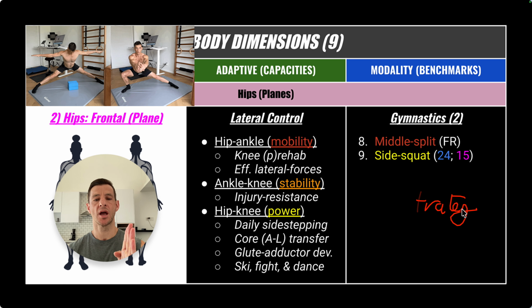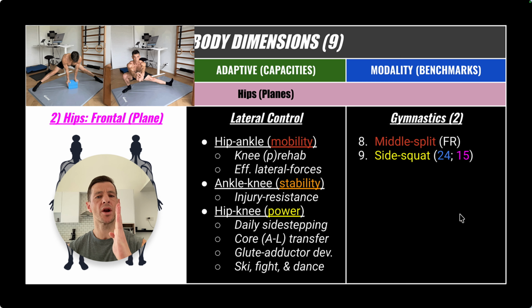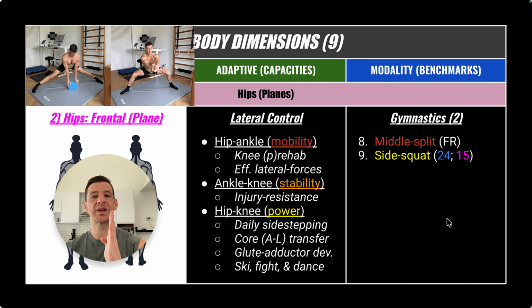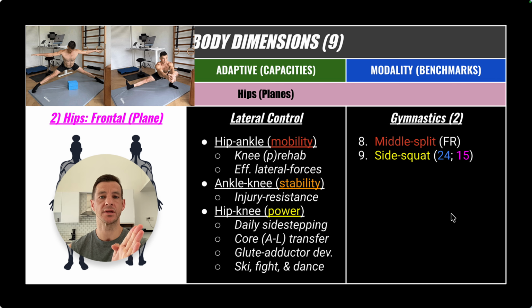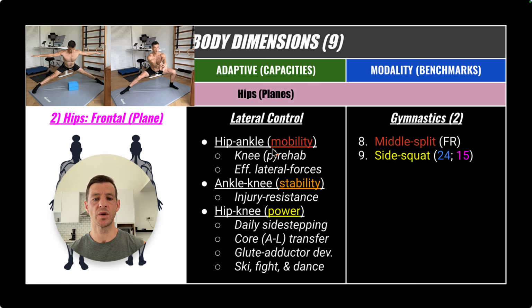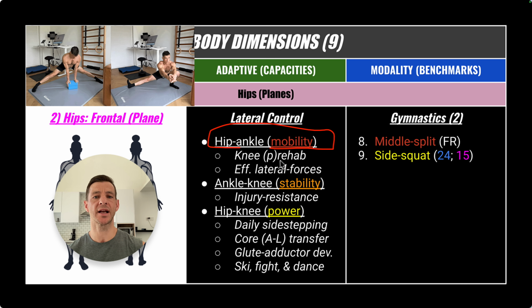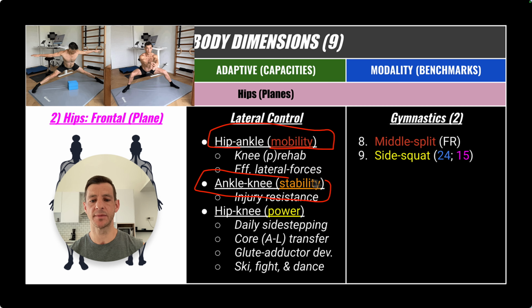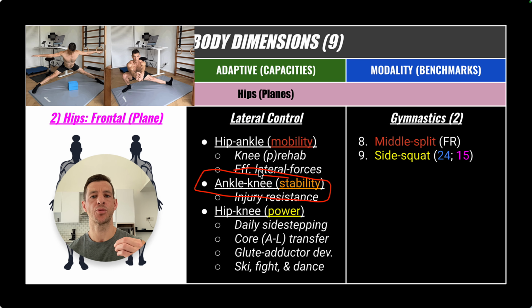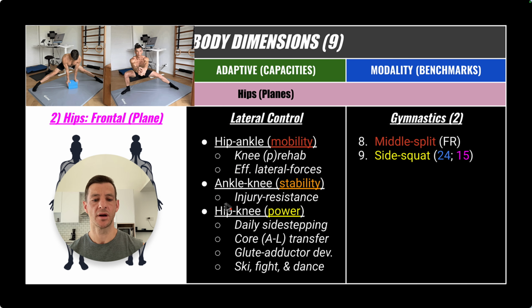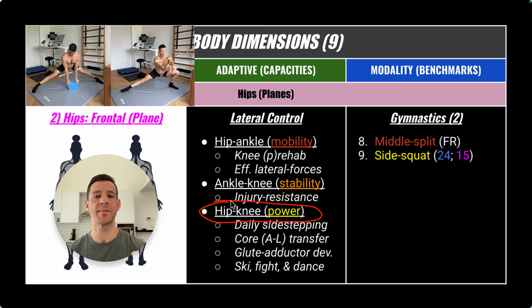We ask the question, okay, if we want to achieve this, we want to know what are the requirements to get there, because then we train for those requirements. And so the strategy is we work on mobility first, almost like a warm-up, ankle stability as pre-activation for the main event or more dynamic work.